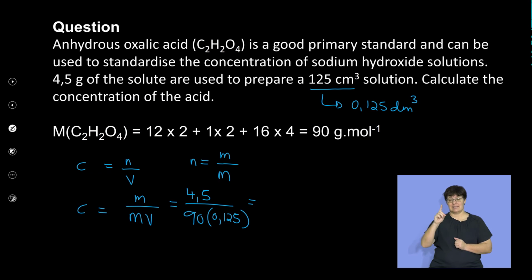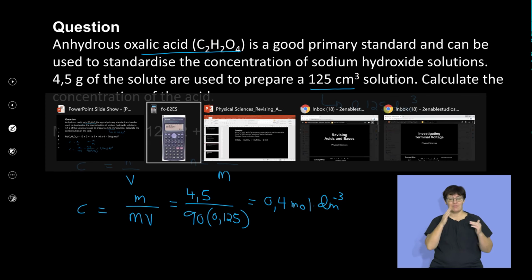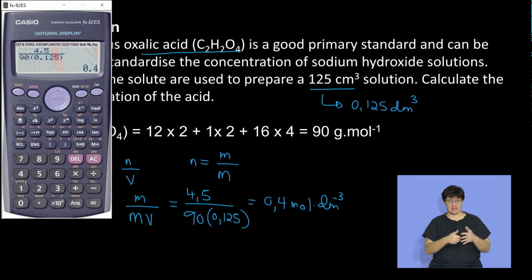So the concentration of this oxalic acid is 0,4 moles per cubic decimeter. So that's how we determine the concentration. Be careful when you use the calculator. In some cases, it will give you the answer as a fraction. You are able to convert that to a decimal fraction in terms of 2 decimal places.